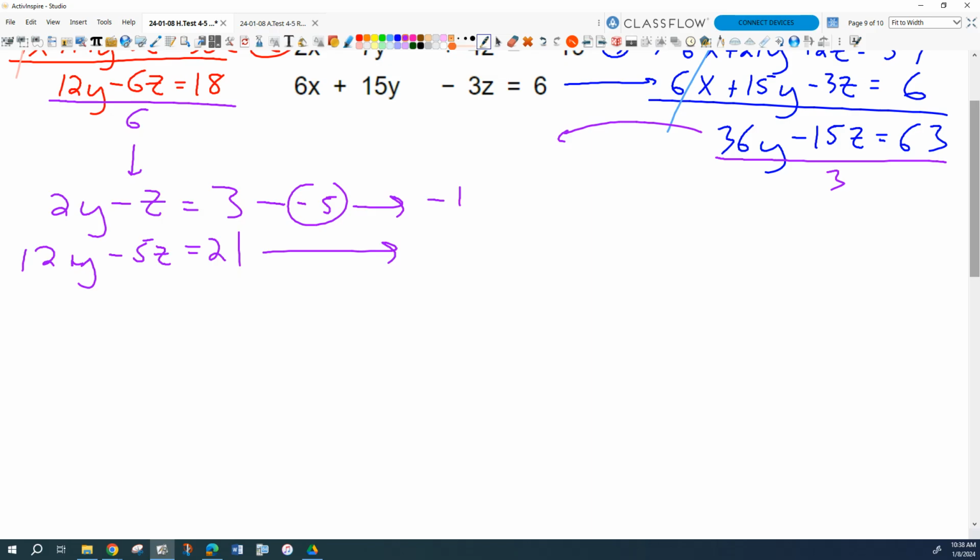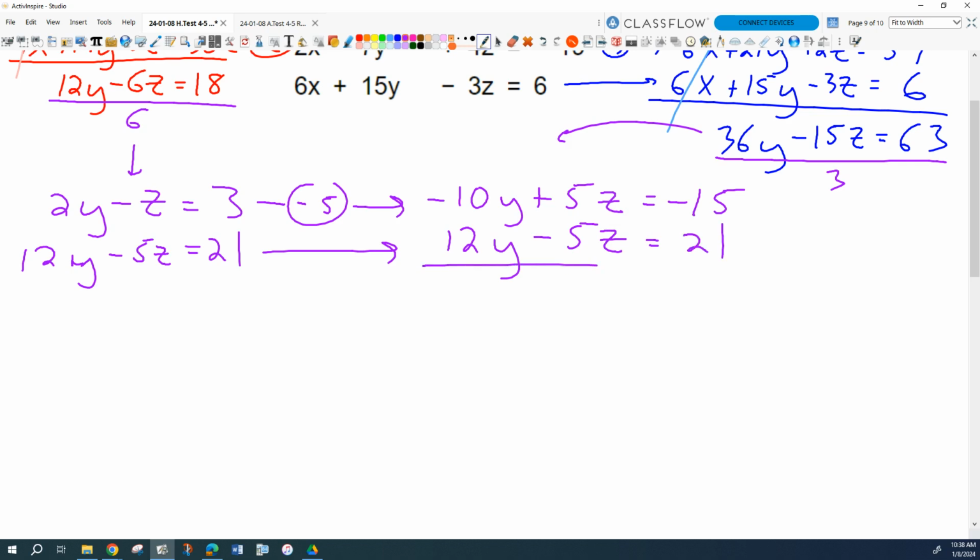So I get -10y plus 5z equals -15. 12y minus 5z equals 21. And so as advertised, the z's cancel. Okay, good. Any questions so far?